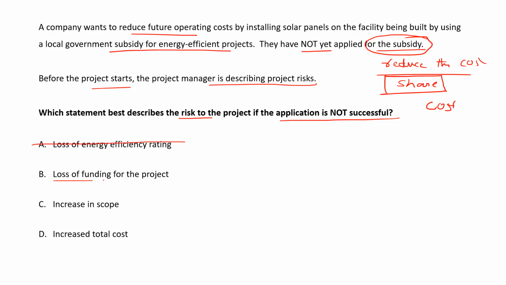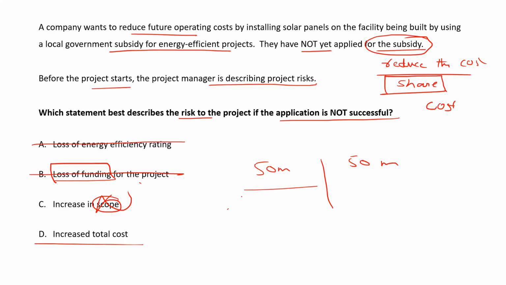We are not funding fully for the project. We are not discussing a scope. Total cost of the project will increase, like 50 million by government, 50 million by us. So I am thinking that I will pay 50, but if it doesn't get it, it means I will pay 100, which means increased total cost.